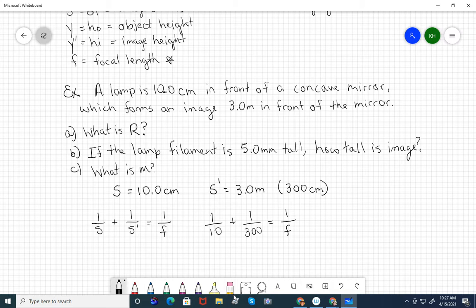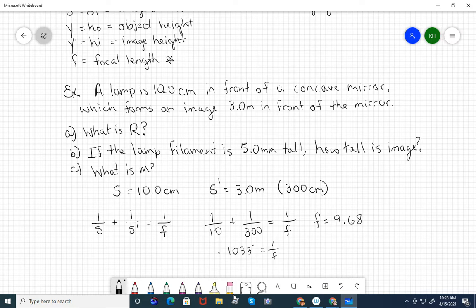If you put that in your calculator, you're going to get a decimal, but remember, we want F. You're going to end up getting 0.10333, the 3's repeat, is 1 over F. But we want F, so we take the reciprocal of that. Use your calculator button to take a reciprocal. And we get that our focal length, F, is 9.68. That's too many sig figs.